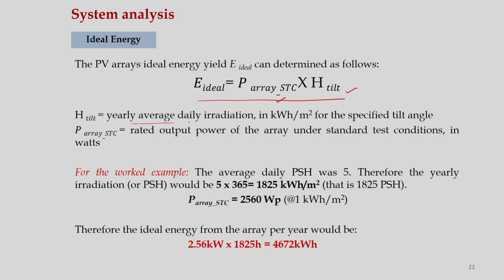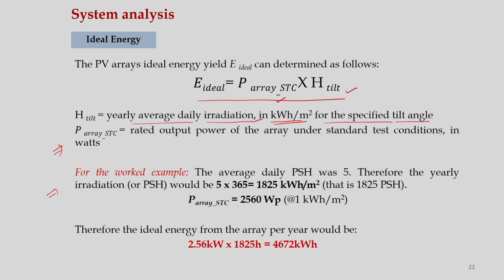It is the yearly average daily irradiation. That is an average irradiation data, which is normally represented by kilowatt hour per meter square for a specified tilt angle. And already we know P array STC is the rated output power of the array under standard test condition, right.